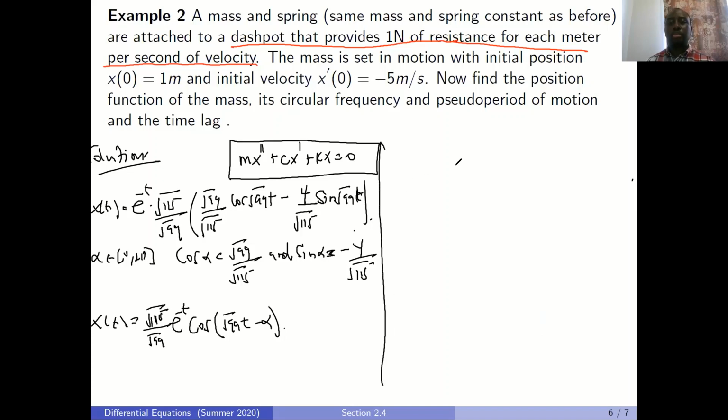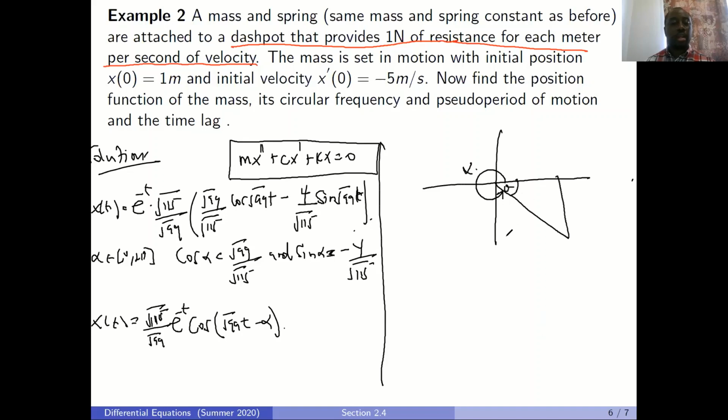And so again, we're going to use knowledge from trig. First, figure out which quadrant alpha is in. Again, the cosine is positive and the sine is negative, which tells us that we are in the fourth quadrant. And my alpha is an angle. Let theta be our reference angle.